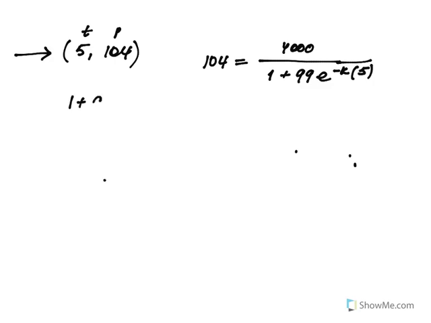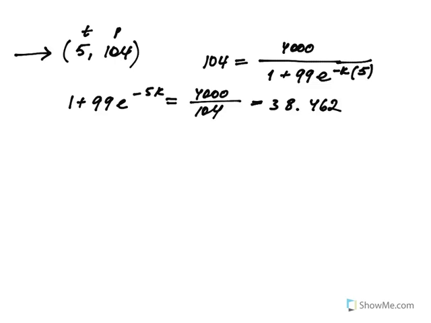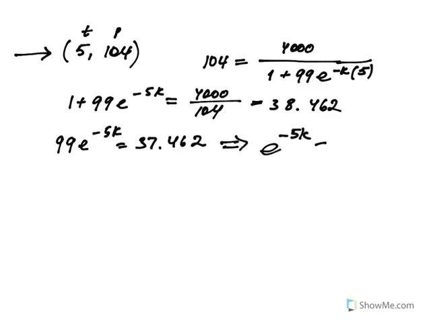We get 1 plus 99 e to the power of negative 5k equals 4,000 over 104, which is, let me use my calculator here quickly, 38.462. Now 99 e to the power of negative 5k equals, subtract 1, so you get 37.462. And therefore, e to the power of negative 5k equals 0.378.